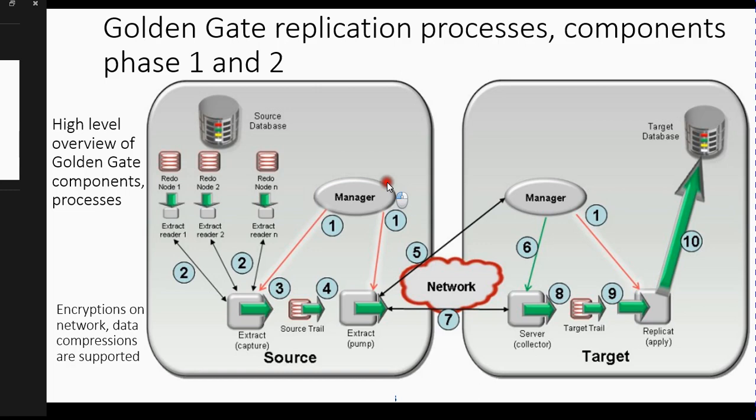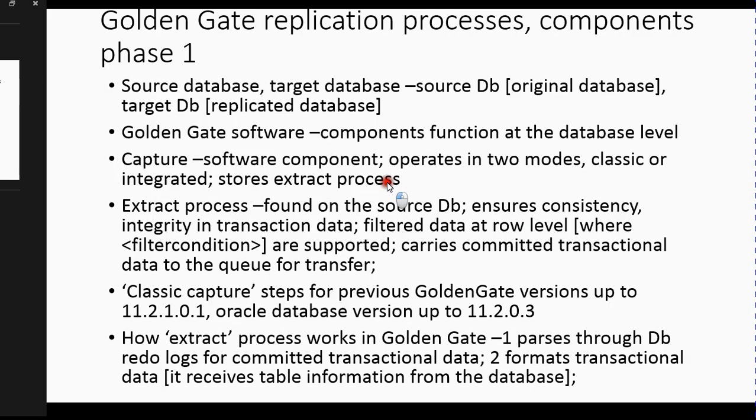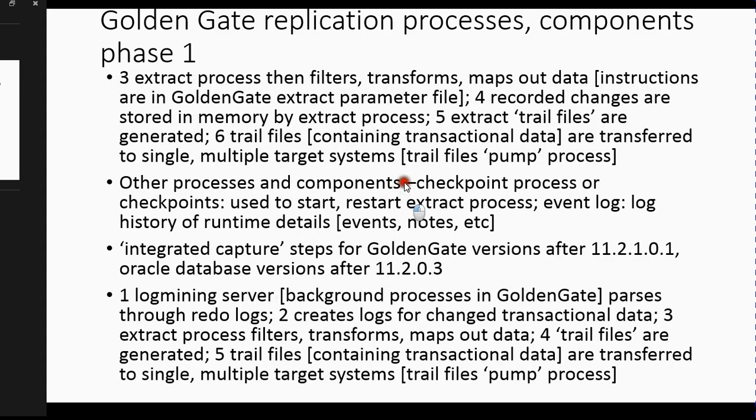There's one thing that I should have had on this picture: a very important file called the GoldenGate extract parameter file. This file contains instructions on how to do the function that I just mentioned.